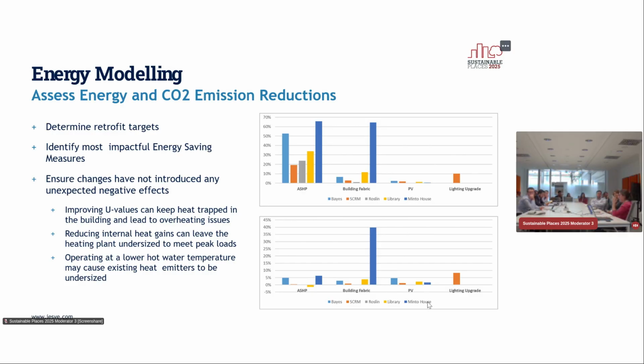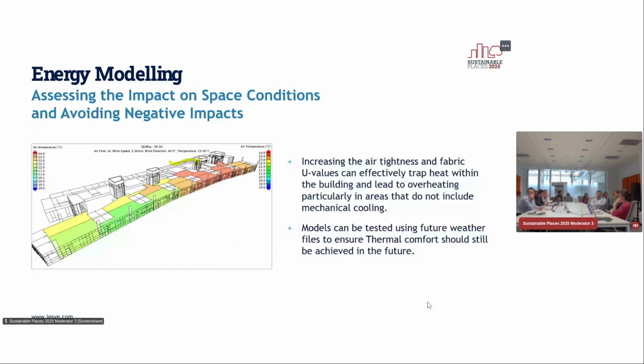The other side of that is when you have natural ventilation, you also want to make sure, for the summer, that your retrofit solutions don't cause overheating issues. That's something we're seeing more and more across Europe: as you make buildings more airtight and improve insulation, you're trapping heat in the building, and that causes unwanted overheating and thermal discomfort.